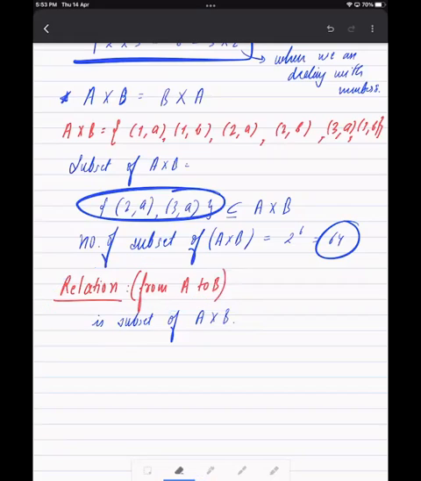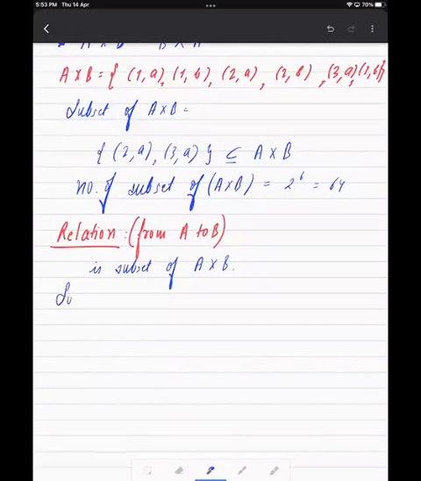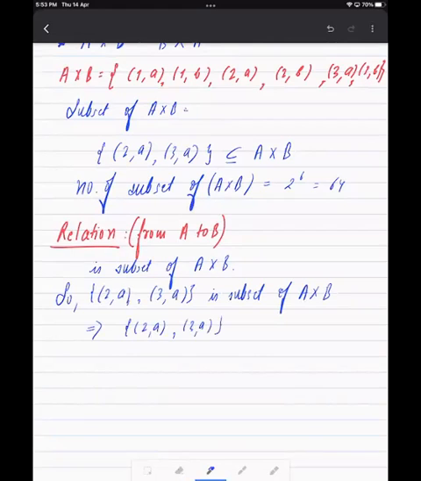Okay. So what I have written here is actually a relation. So (2, a), (3, a) is a subset of A cross B, and the definition implies that this is a relation from A to B.